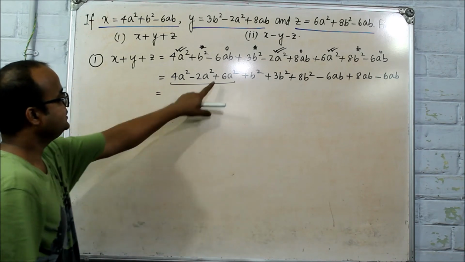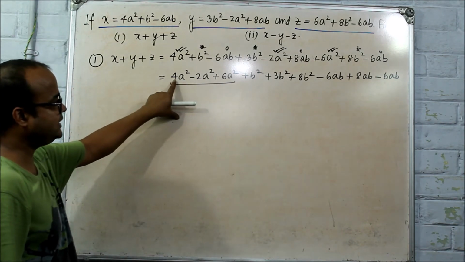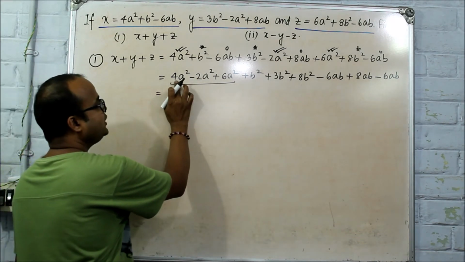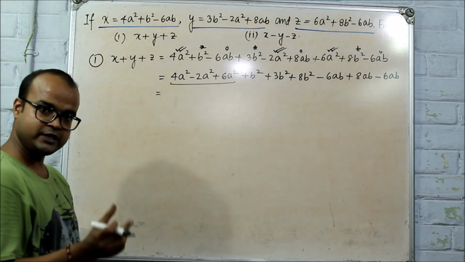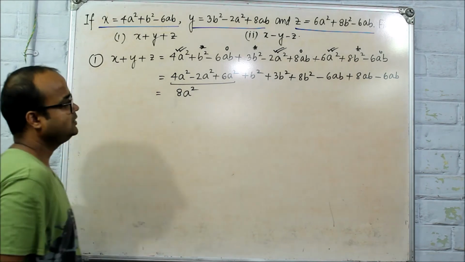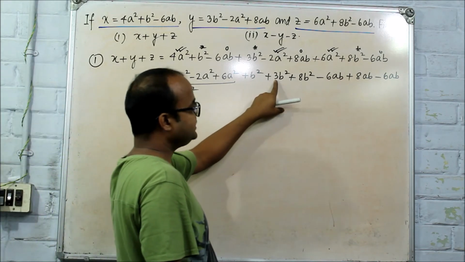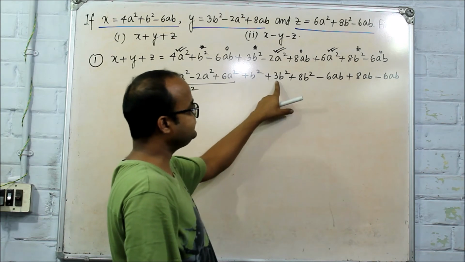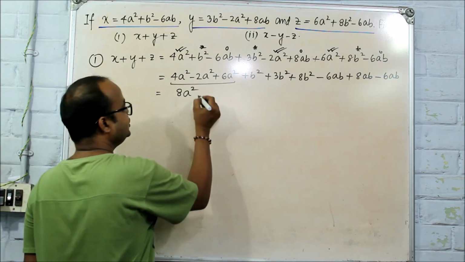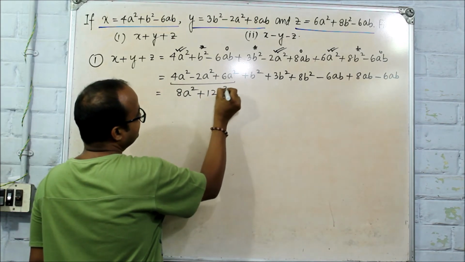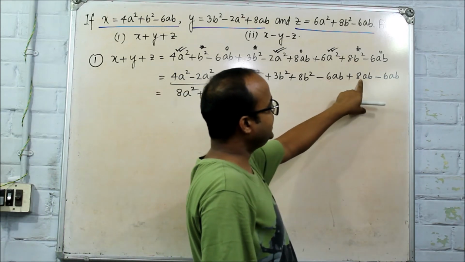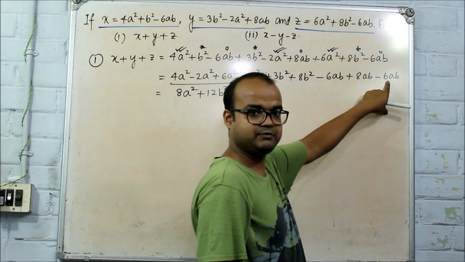4a square minus 2a square is equal to 2a square, plus 6a square means 8a square. b square plus 3b square, that means 1b square plus 3b square is equal to 4b square. 4b square plus 8b square is equal to 12b square. Minus 6ab plus 8ab minus 6ab.